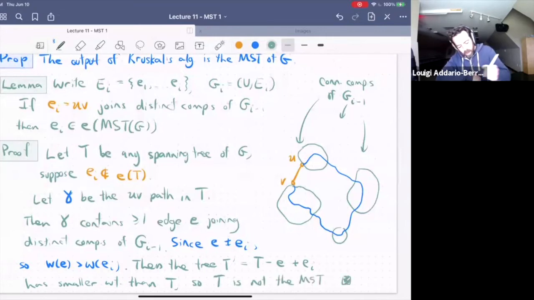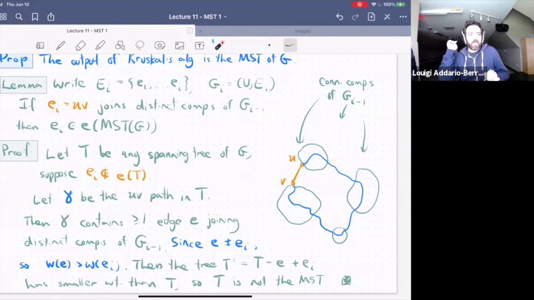Okay, so why does that conclude the proof? I've just said if EI joins distinct components of GI minus 1 and T doesn't contain EI, then T is not the minimum spanning tree. Well, that means the minimum spanning tree does have to contain EI.